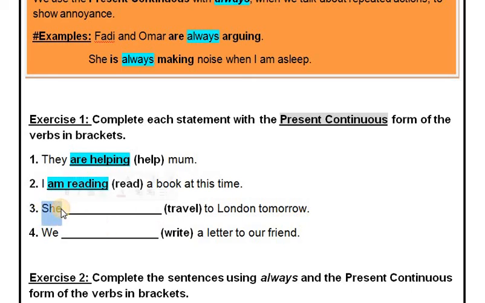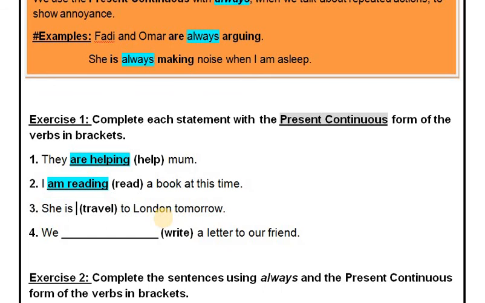She, singular or plural? Yes, guys. She is singular, so we use am, is or are. Of course, is. Travel, traveling. Okay, so the answer is traveling.